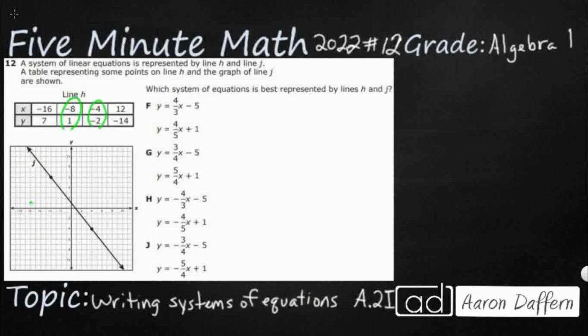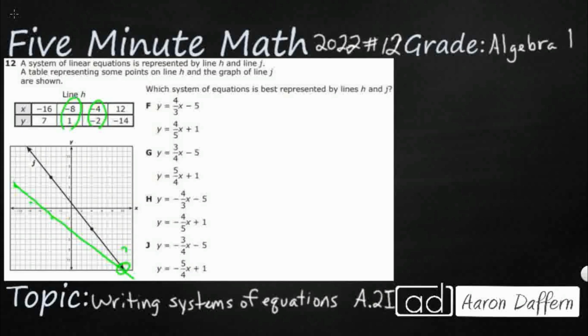I could do this -4, -2 right there. That 12, -14 is off the grid, so it's going to be something like this. And eventually they're going to join, maybe around there. Not really sure. Wherever they were to intersect, that'd be a solution for both.